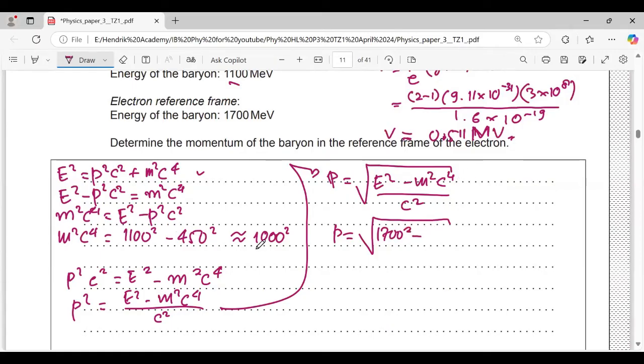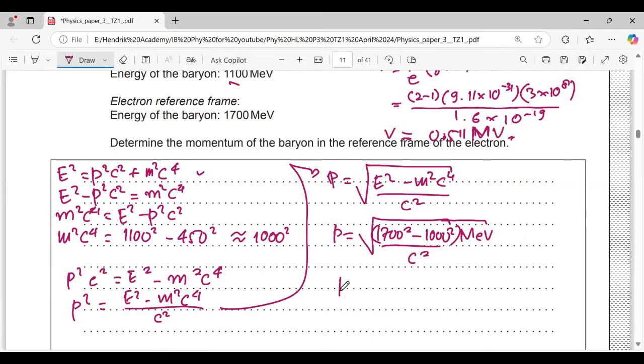M squared, I'm going to use this 1,000 squared, over C squared, in mega electron volt.